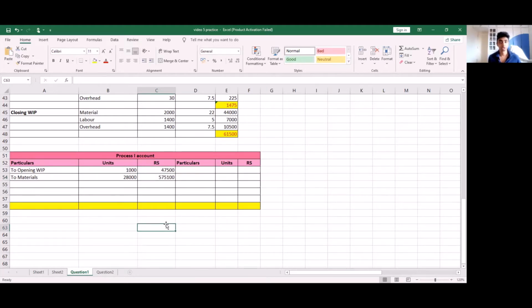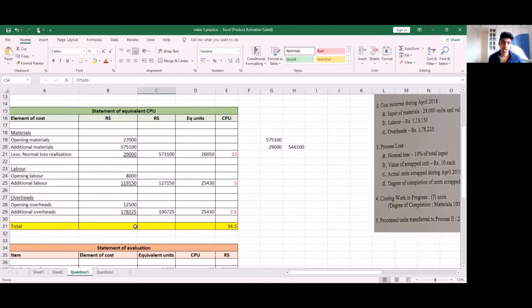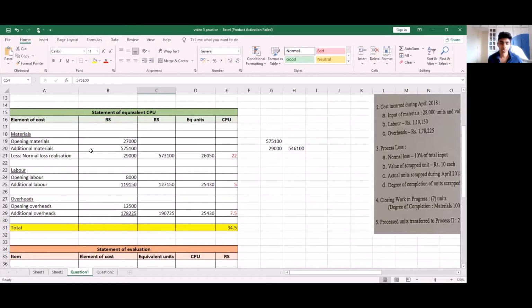Here, it is important not to make the mistake of taking the value of materials, labor, or overhead from our statement of equivalent cost per unit. So, in our equivalent cost per unit, along with 5,75,100, we have also added 27,000. So, we will not take the sum value for any of these.